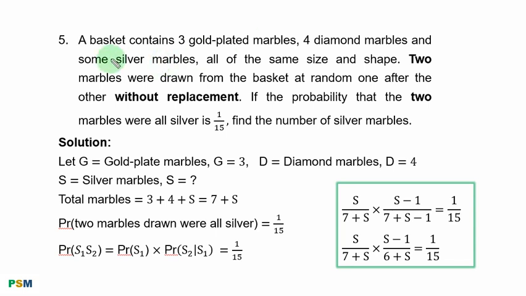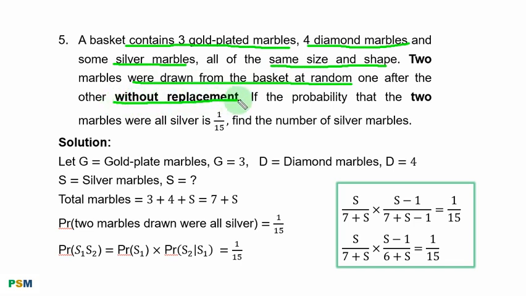Question 5. A basket contains 3 gold-plated marbles, 4 diamond marbles, and some silver marbles, all of the same size and shape. 2 marbles were drawn from the basket at random, one after the other without replacement.